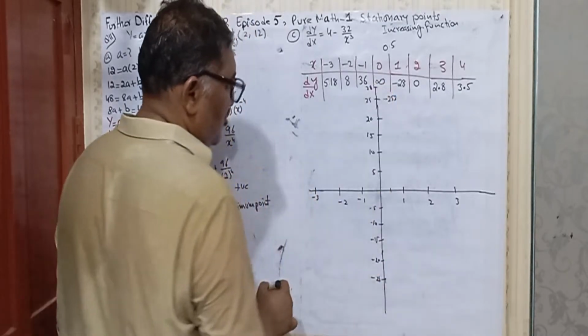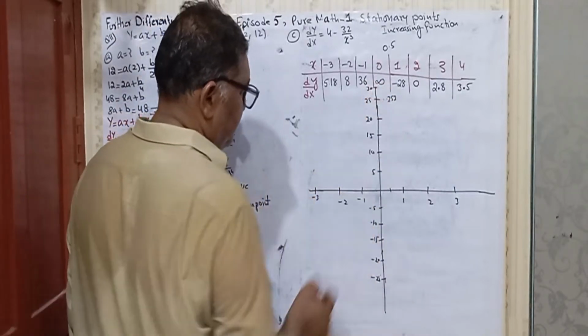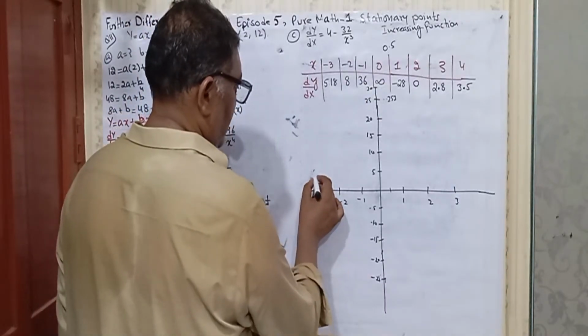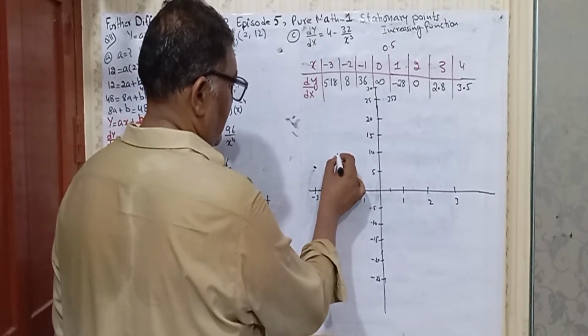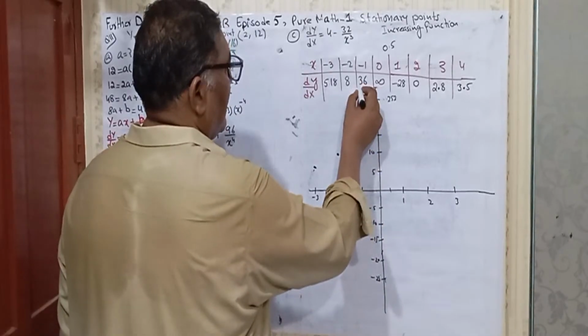Okay, not 28, 30. At -3 it is 5 point something, so it is here. At -2 it is 8, so it is here somewhere. At -1 it is 36, so 36 will be here somewhere.